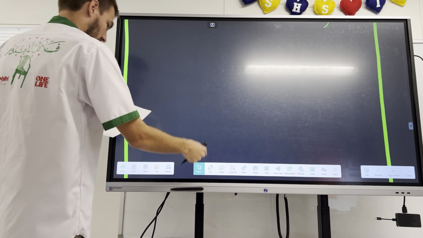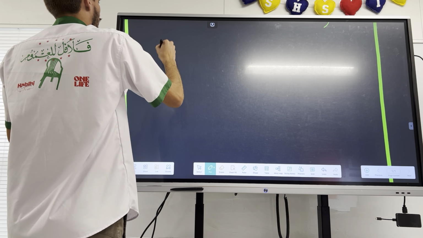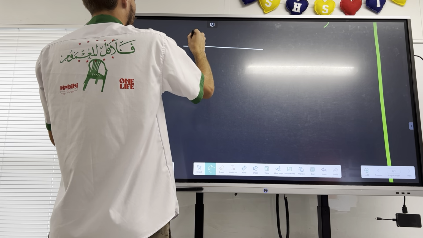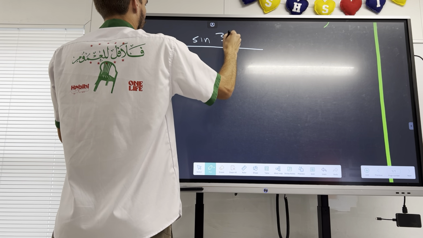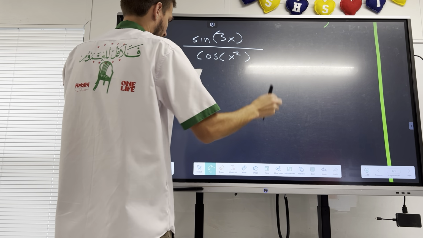Question number 2. What do we think about y equals fraction sine of 3x over cosine of x squared?